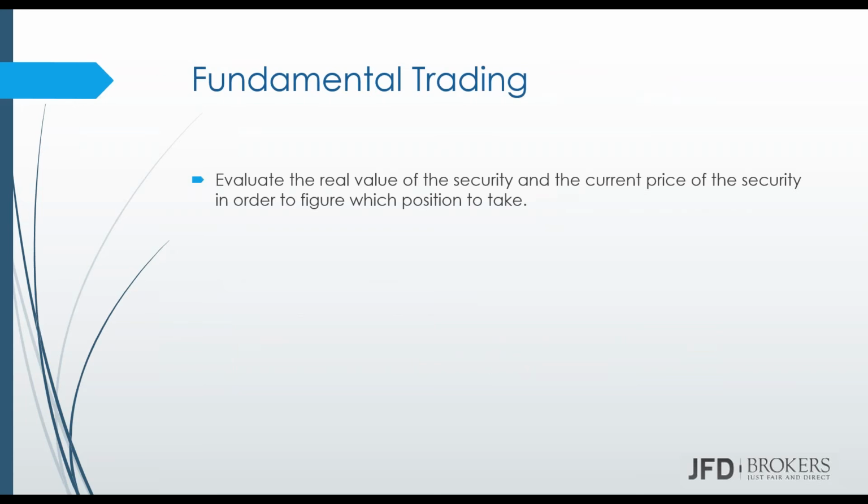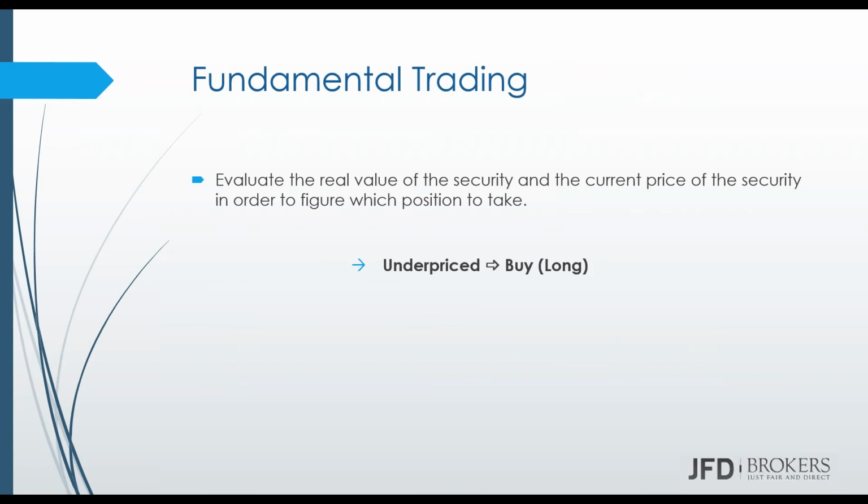Basically, what fundamental traders usually do is evaluate the real value of a security and the current price of the security in order to find securities that are underpriced or overpriced and take positions. If the current price of an asset in the market is below its real value, which means that it's underpriced, then you take a long position.